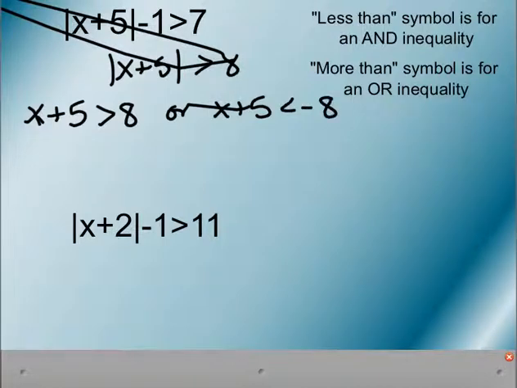And now I can solve them. I can subtract 5 from each side to get x is greater than 3, or x is less than negative 13. And these are going to be in separate directions when you graph them. Open dots, and they will be going in separate directions. You can try the next one on your page for yourself.